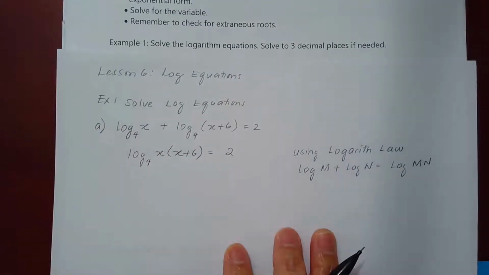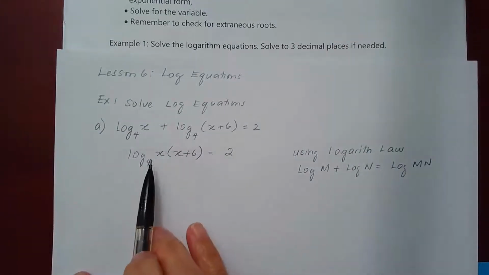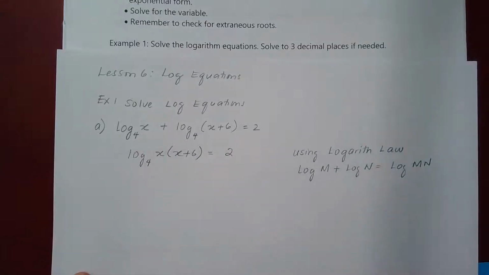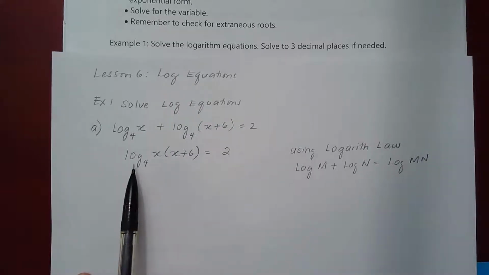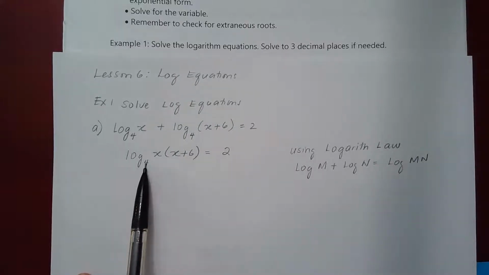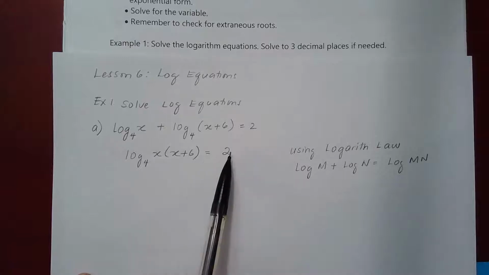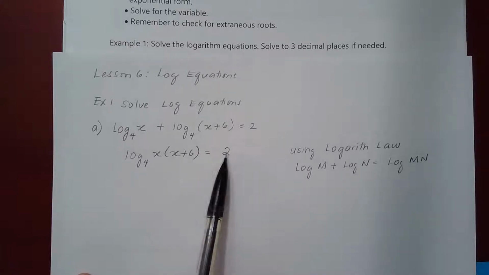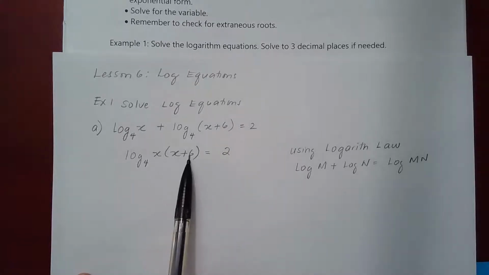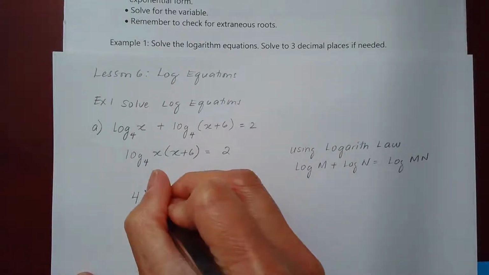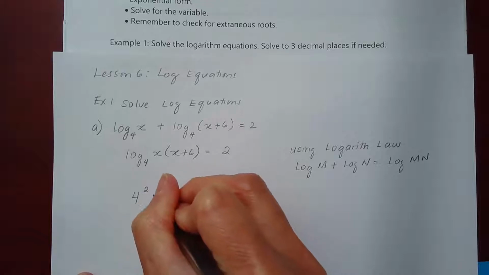Now, what does this really mean? Log is basically the exponent. So what this is saying is that 4 to the exponent 2 is equal to x times x plus 6. Let's rewrite that in exponential form.